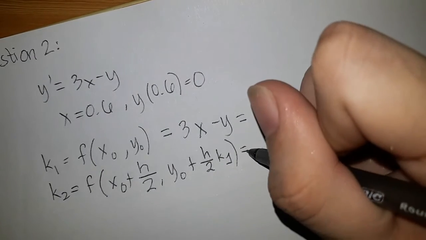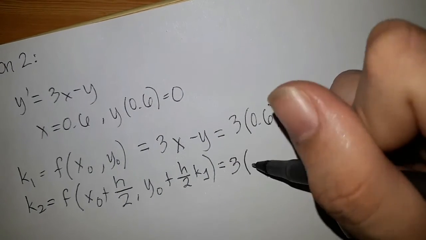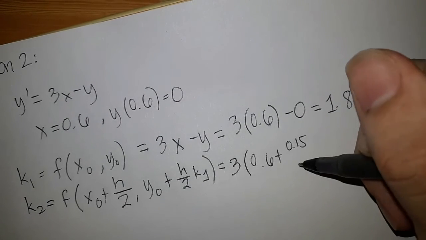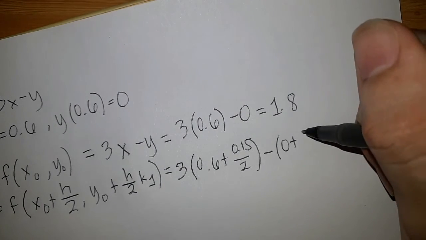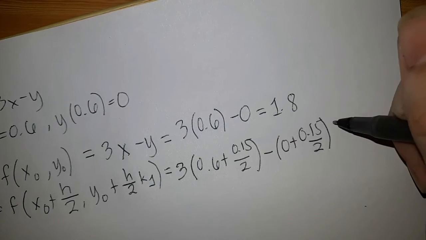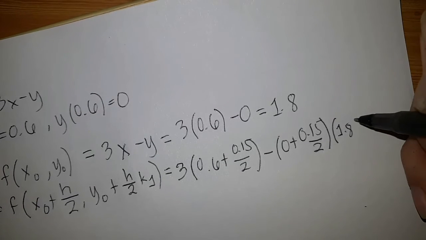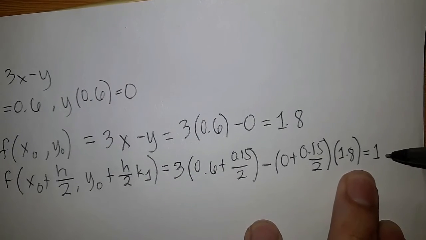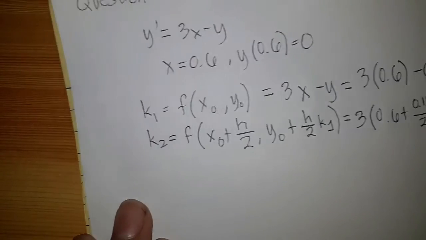So this will become 3 times 0.6 plus 0.15, which is the step size, divided by 2, minus 0 plus 0.15 divided by 2 times k1, which is 1.8, and this is equal to 1.89.